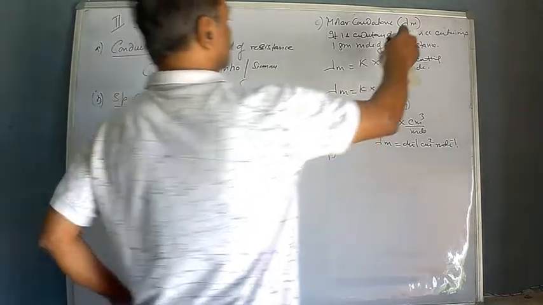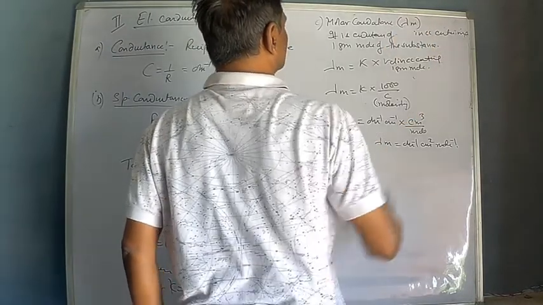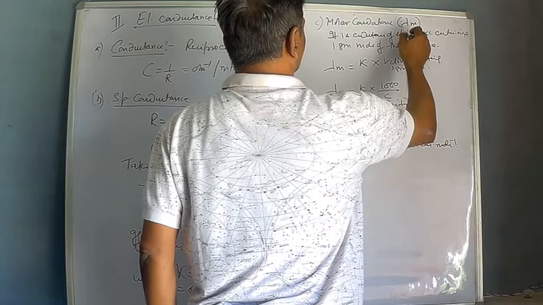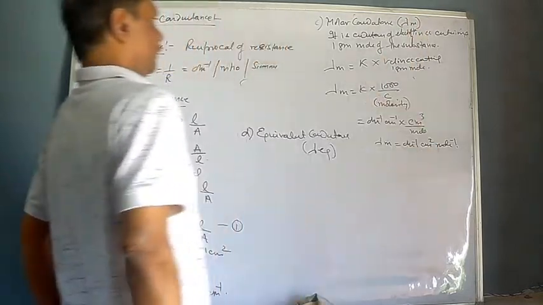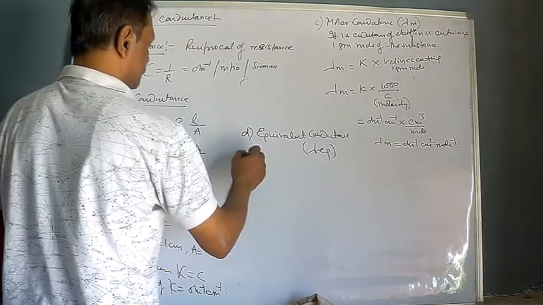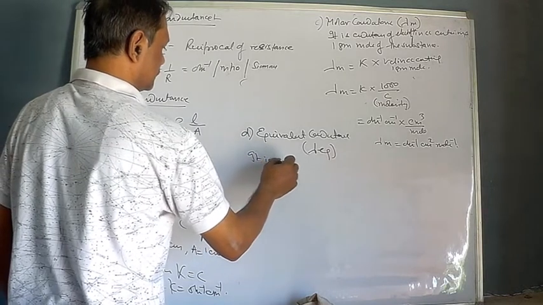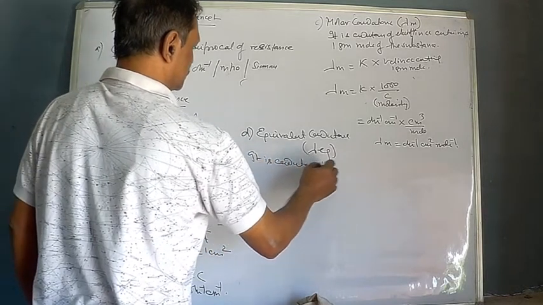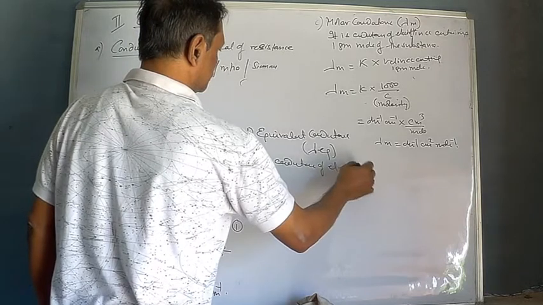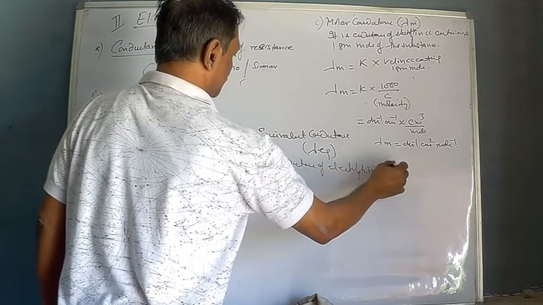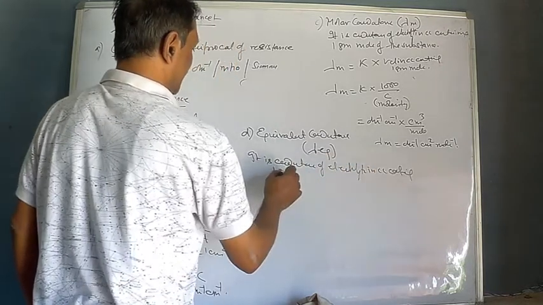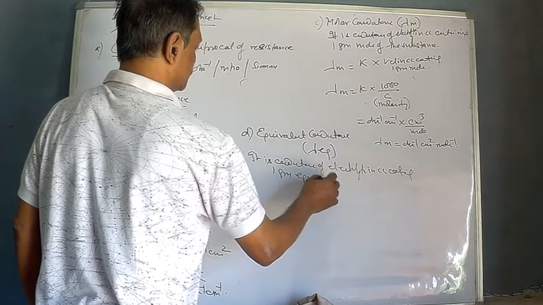Class, make it here electrolyte, not solution. So same here. It is the conductance of electrolyte in CC containing 1 gram equivalent of the substance.